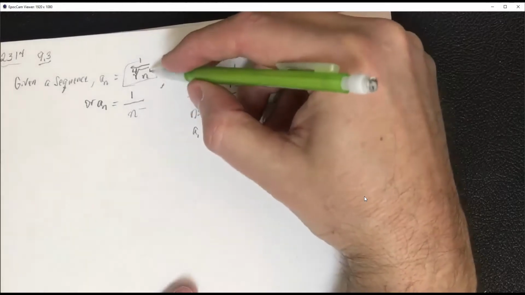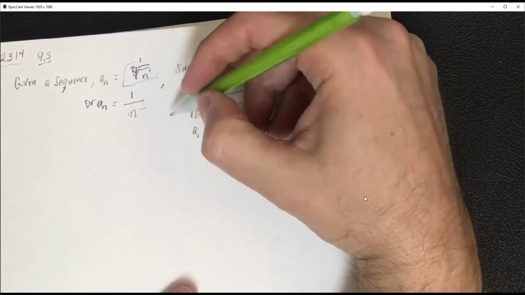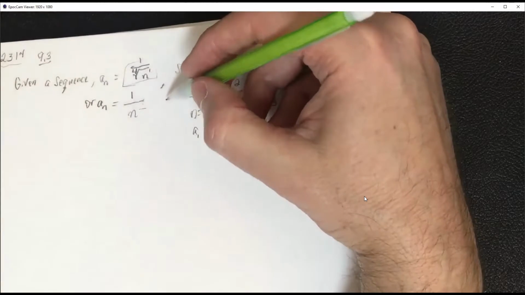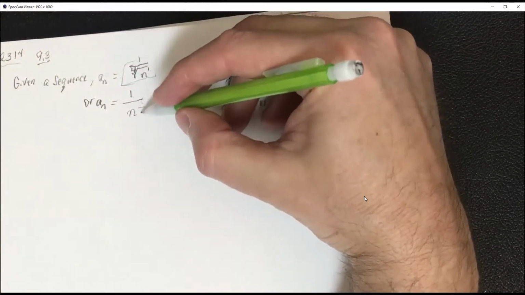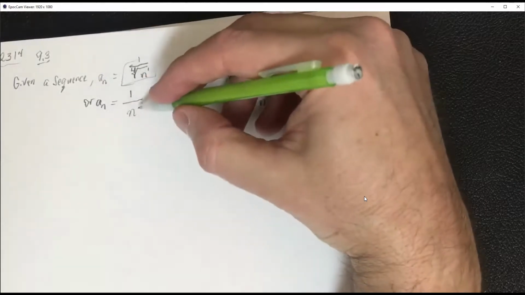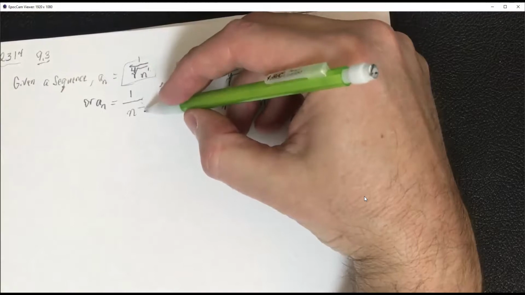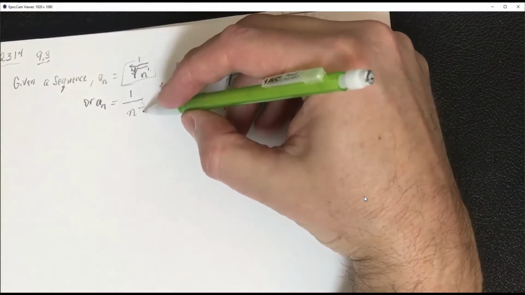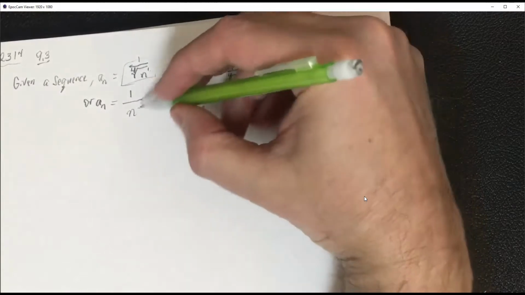The 1 goes in the numerator of this fractional exponent, and the root goes in the other position. Where does the root always go? In the little numerator here or the denominator here? The denominator.